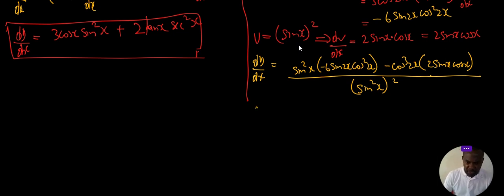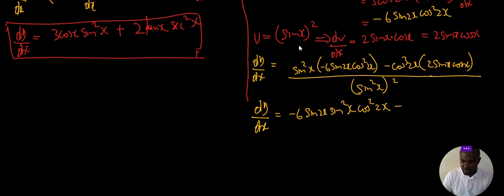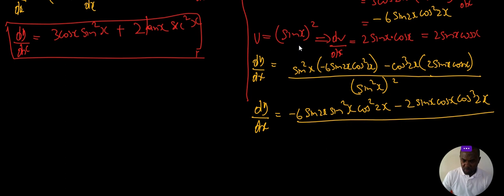So therefore, dy by dx is equal to negative 6 sine 2x sine squared x cos squared 2x minus 2 sine x cos x cos cubed 2x all over sine to the fourth x.